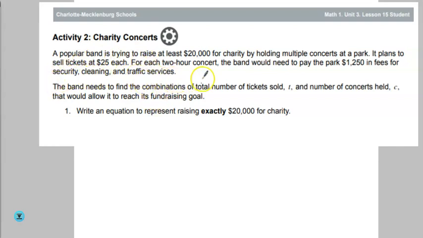The band needs to find a combination of the total number of tickets sold and the number of concerts held that would allow it to reach its fundraising goal. So number 1, write an equation that represents raising exactly $20,000. So pause for a second, see if you can come up with that equation.